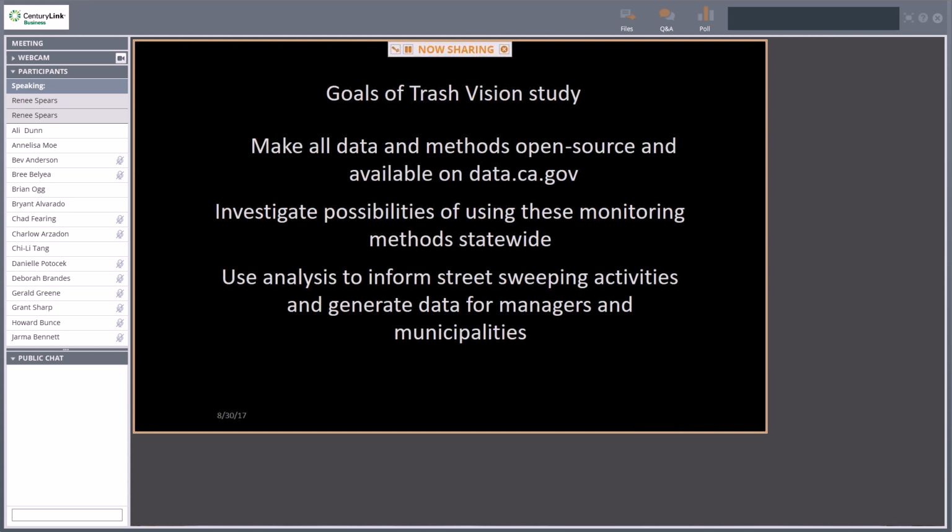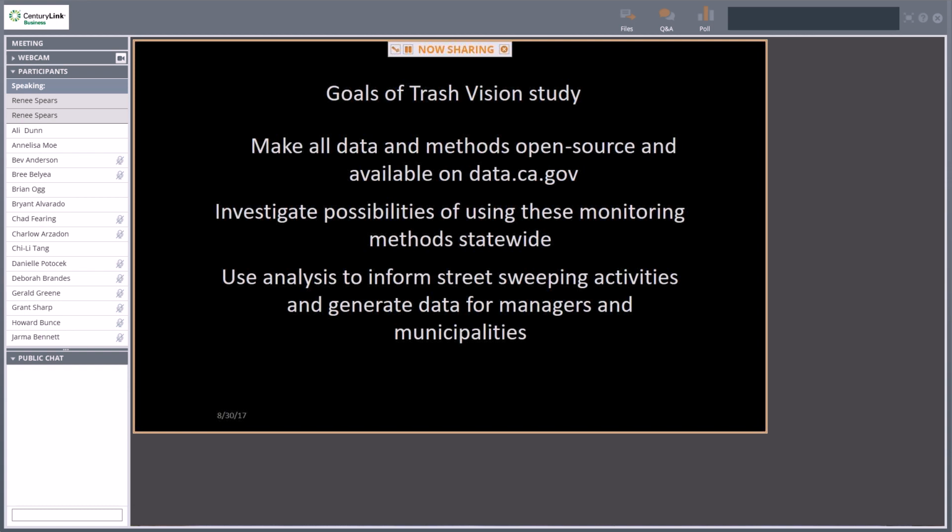And we'd like to investigate whether or not this approach could be employed statewide. Just because you're a municipality that has to monitor because you can't deploy full trash capture devices everywhere, doesn't mean that you wouldn't want to use this in your city to be able to understand how trash is moving through your system and what types of trash are really the big players.